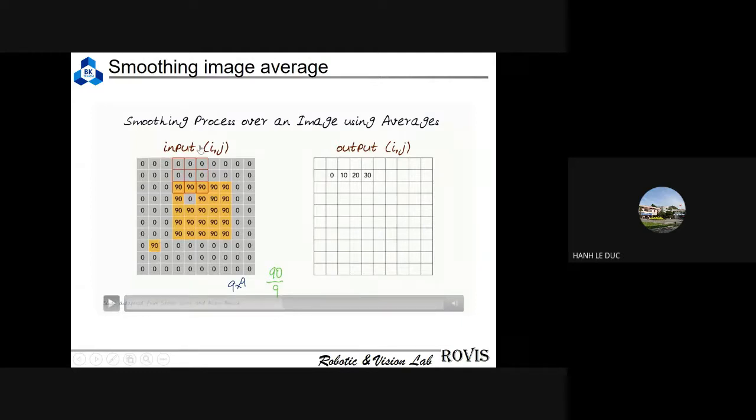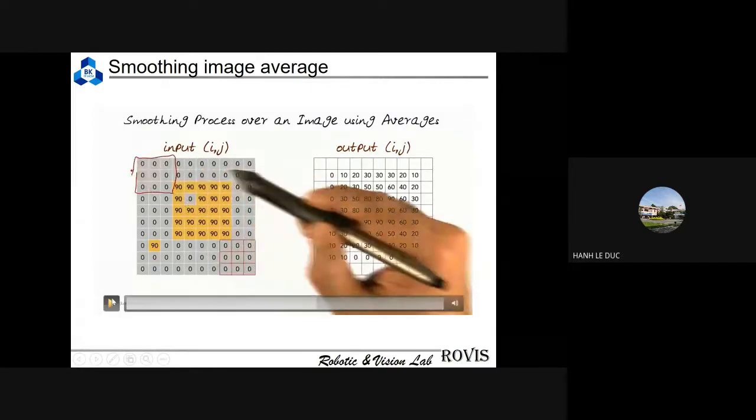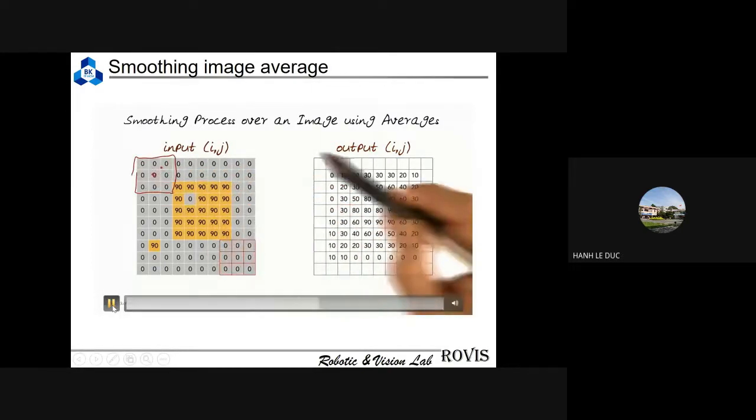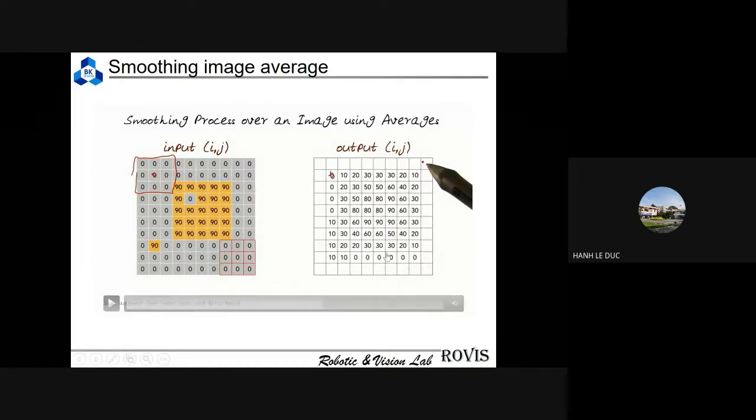So by doing the blur image, you can reduce this. Reduce means increase the number here and decrease the number here. So this is the result when you apply the average 3 by 3.